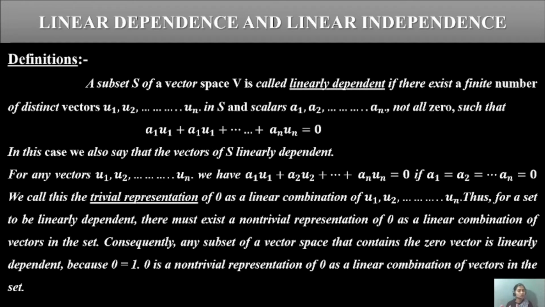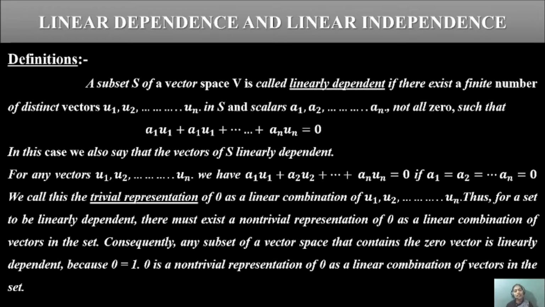If a1, a2, up to an equal 0, with u1, u2, to un, this is considered the trivial representation of 0 as a linear combination.